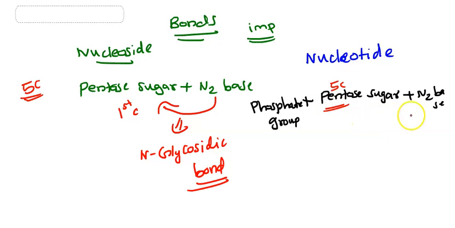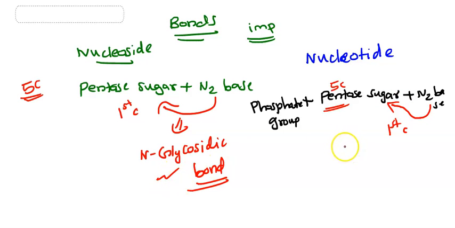See, we already learned that nitrogen base will attach to the first carbon of pentose sugar using N-glycosidic bond.